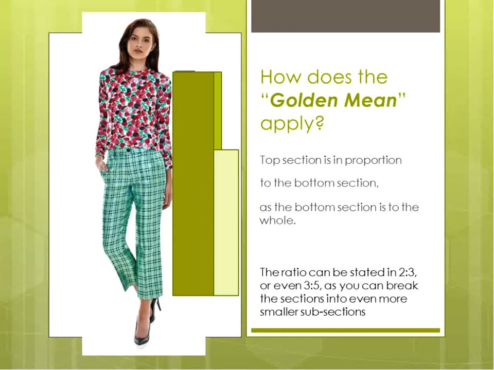It's actually how nature is shown, and we find that as human beings, when we look at things aesthetically pleasing, it makes sense in our brains as to the proportion. And how this relates here to this garment is that this top section to the pants is equal to what the pants are to the entire whole garment from the shoulders to the hemline.